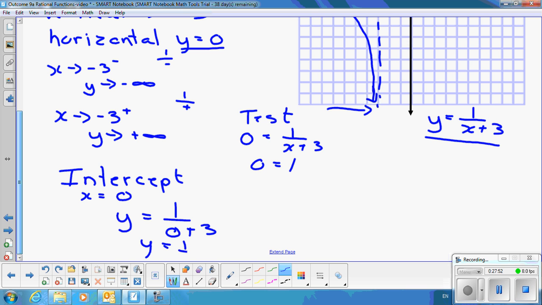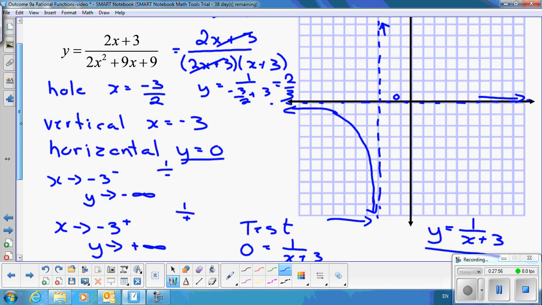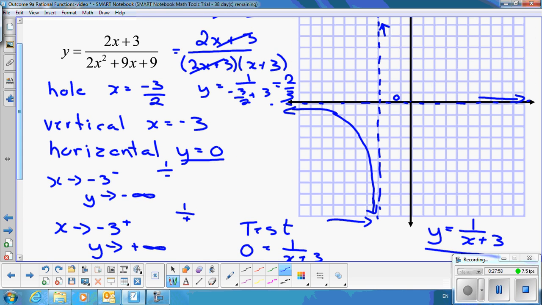So y will equal 1/3. So that's my y-intercept. So it's going to be right in here. Again, difficult to do on the smartboard. Now that I have those intercepts, now I can correct my graph. So it's going to approach, not quite go through that point. We're going to have an open circle there, and then approach that asymptote.